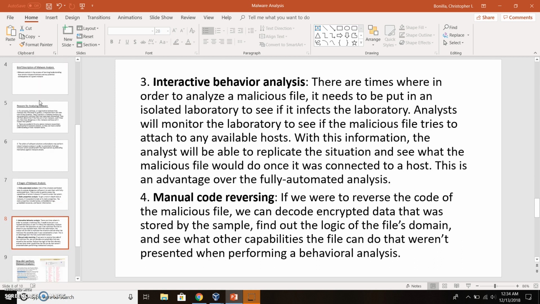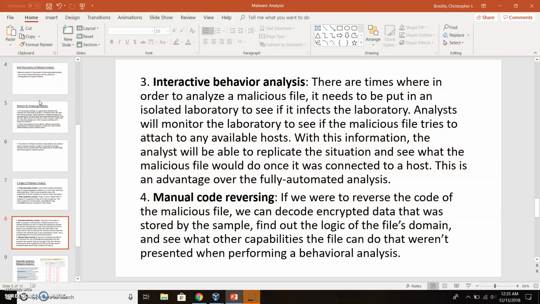The third stage is the interactive behavior analysis. There are times where, in order to analyze a malicious file, it needs to be put in an isolated laboratory to see if it affects said laboratory. Analysis will monitor the laboratory to see if the malicious file tries to attach itself to any available hosts.